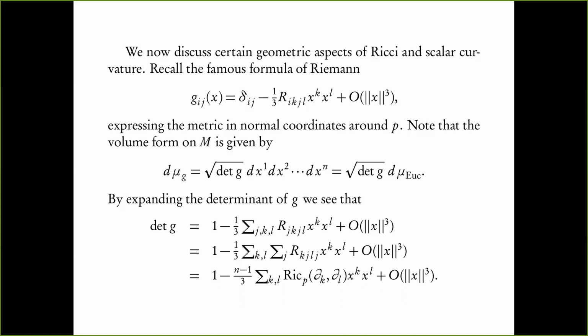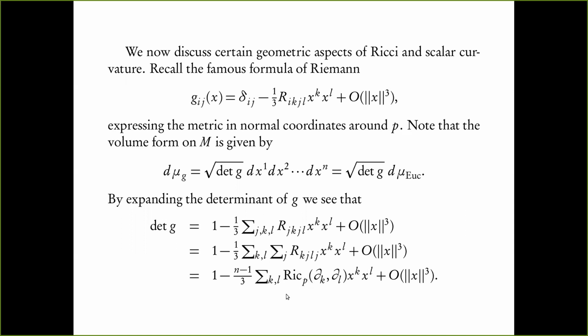Yeah, so as you said, it's 1 minus (n minus 1)/3 times the summation over k and l of Ricci(del_k, del_l) x^k x^l. At this point I could have removed the summation because the Einstein summation convention applies, since k and l appear at the bottom and at the top. So this is just this, okay?